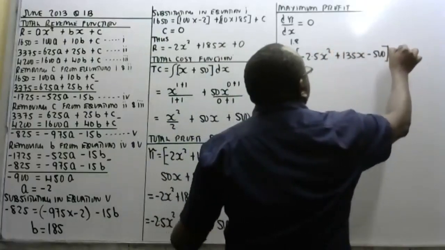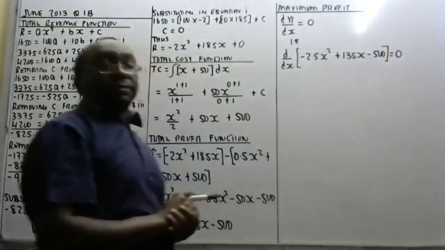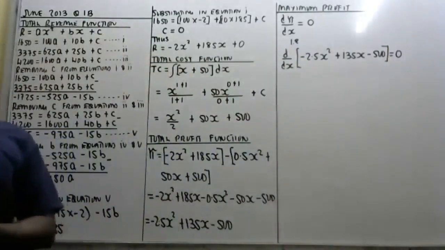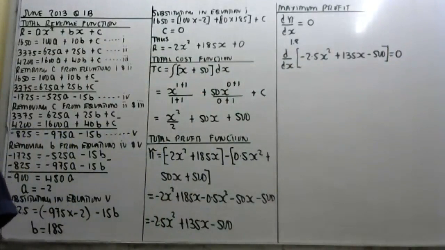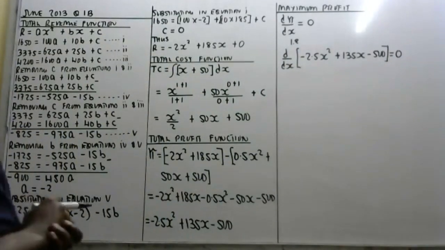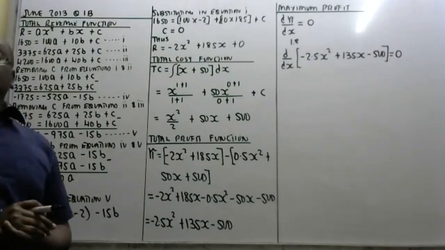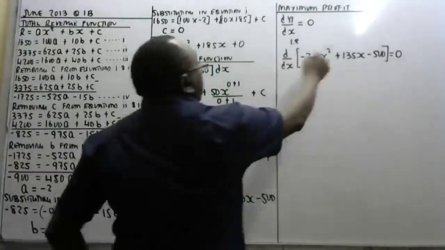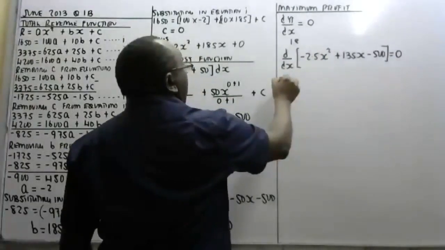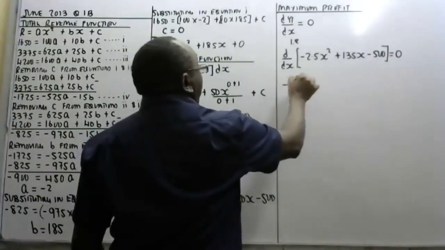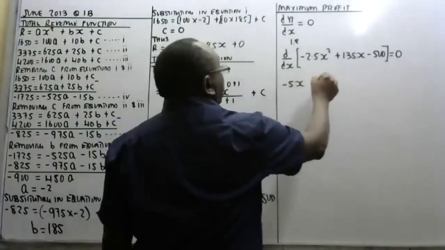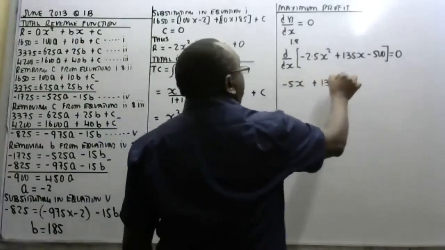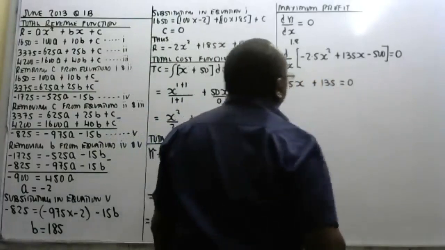The answer we get should be equal to 0. So that becomes minus 5x plus 135 is equal to 0.